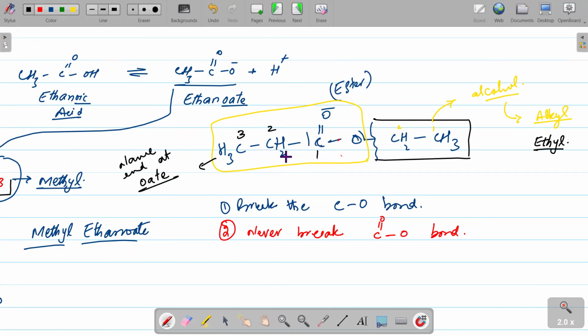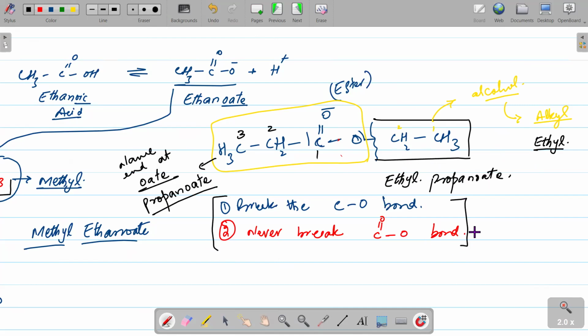So with 3 carbon atoms, its name will be propanoate. By combining these two names, I can simply name this ester. It will be ethyl propanoate. Is it clear?